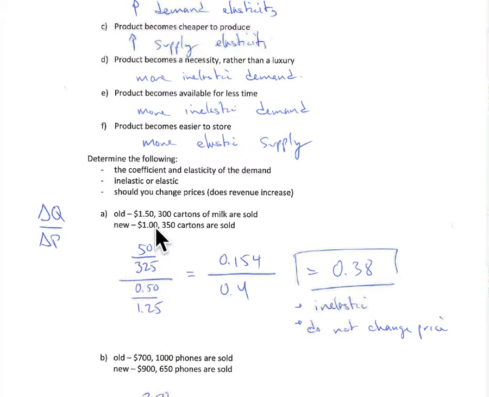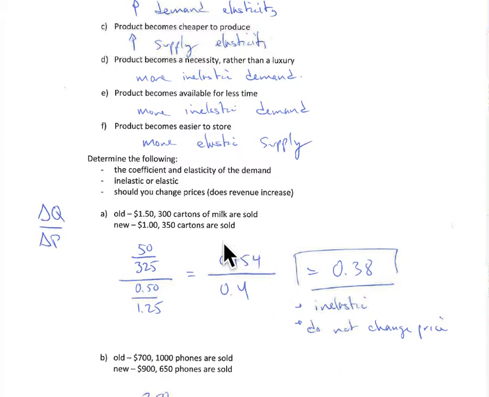This piece is one set of information for quantity, and this piece is one set of information for price. So 50 divided by 325 is 0.154, and 50 cents divided by $1.25 is 0.4. And this divided by this is 0.38. Therefore, this is an inelastic situation. This is inelastic demand, therefore do not change price.